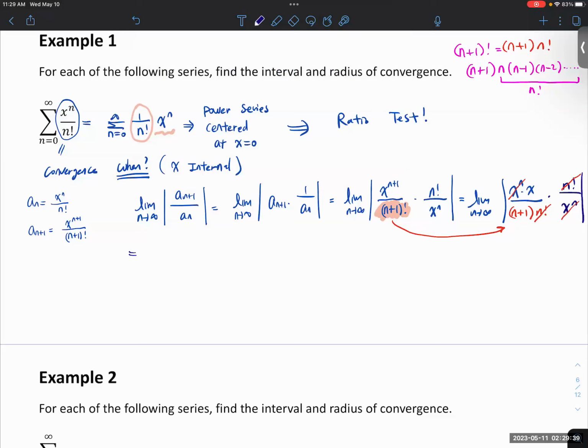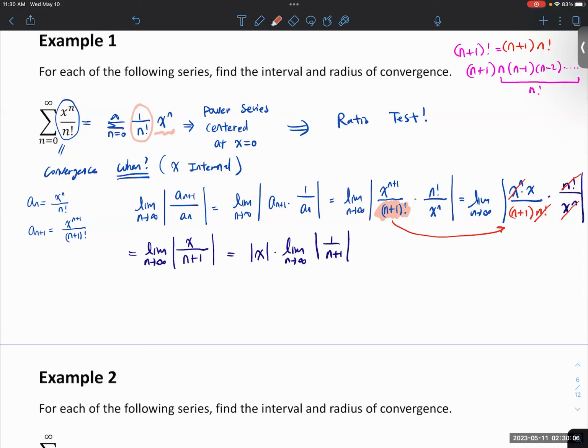So now we have the limit as n goes to infinity of x over n plus 1 remaining. Again, I can bring x to the front. So absolute value of x, limit, we have 1 over n plus 1.